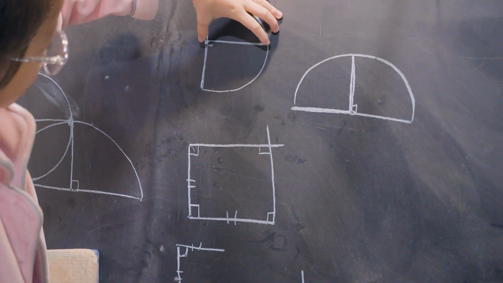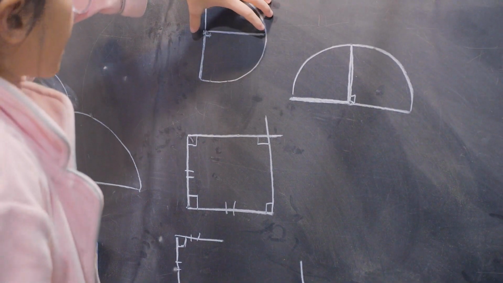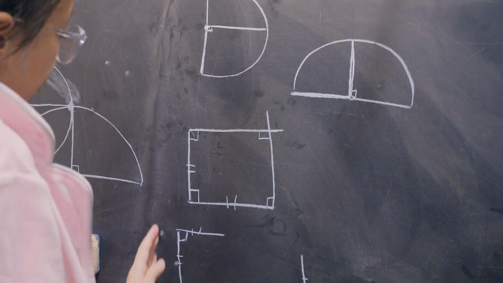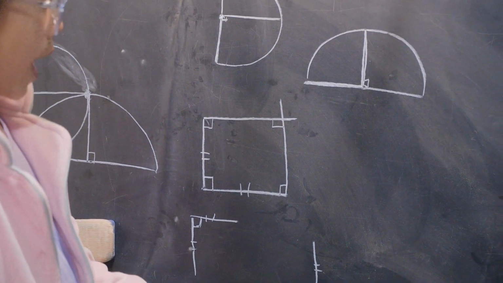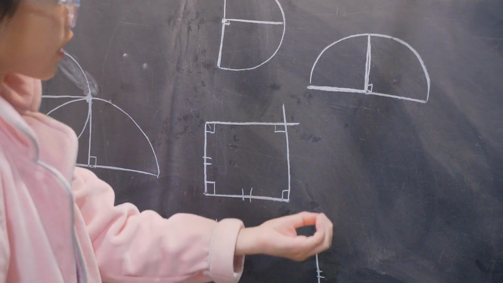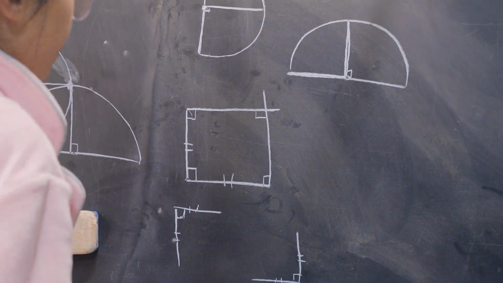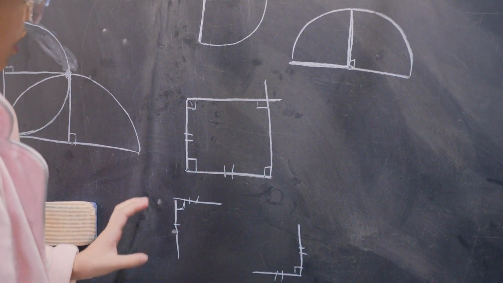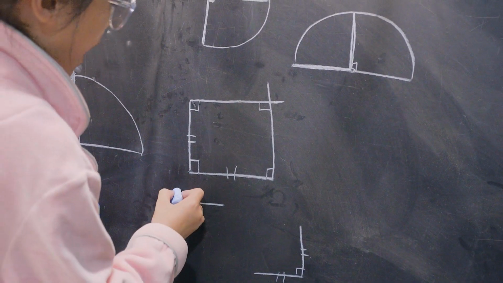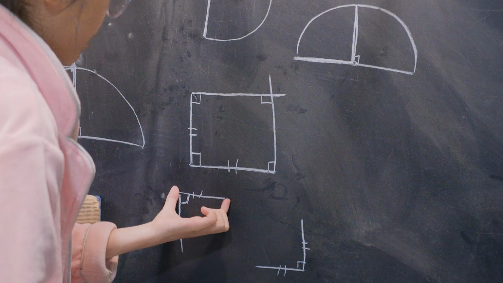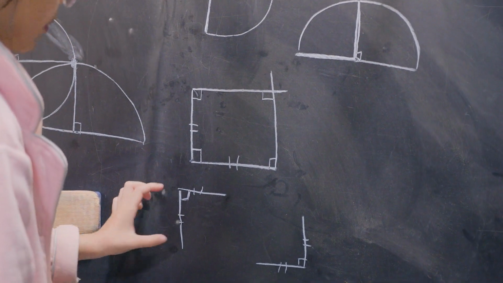Now this part and this part have the same property, because you see, what's this property out here? This angle is 90 degrees, and this segment is equal to this segment.